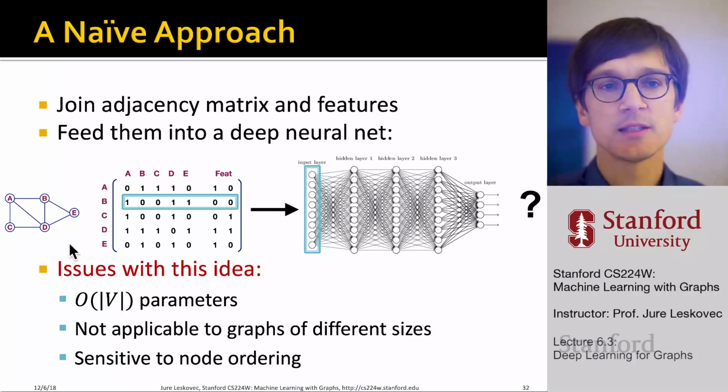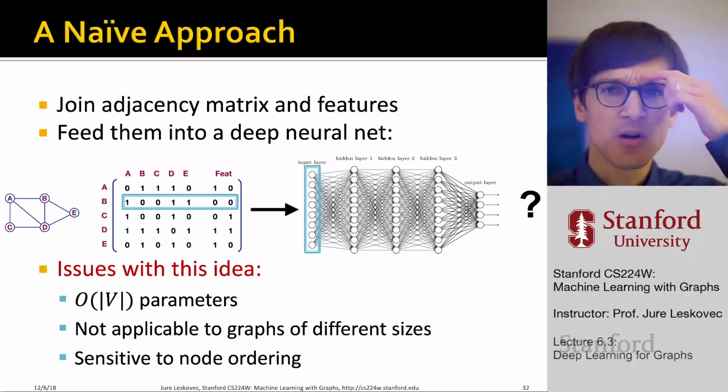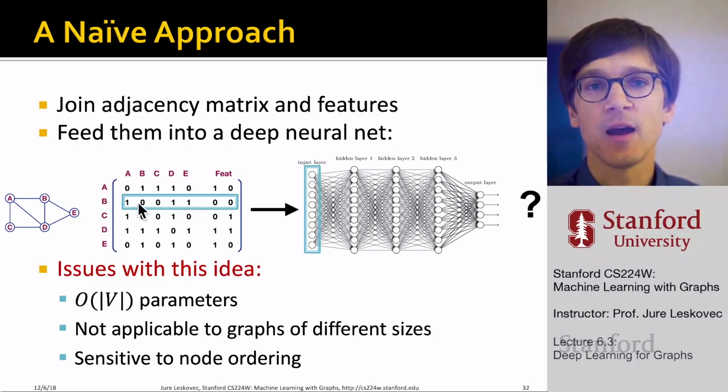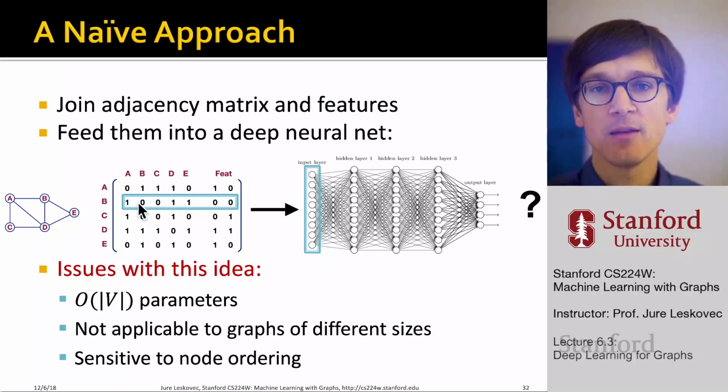Another issue is that this model won't be applicable to graphs of different sizes, because if I have a graph that has 7 nodes, it's unclear how to fit a graph of 7 nodes into 5 different inputs, because here we had a graph of 5 nodes.